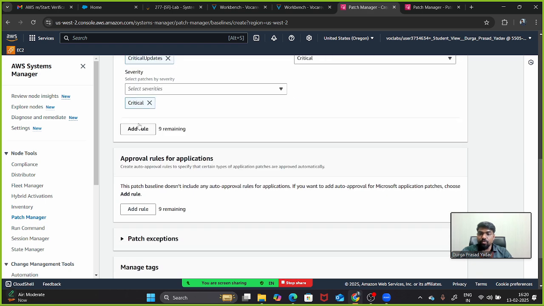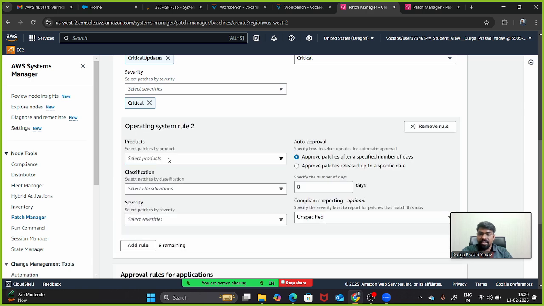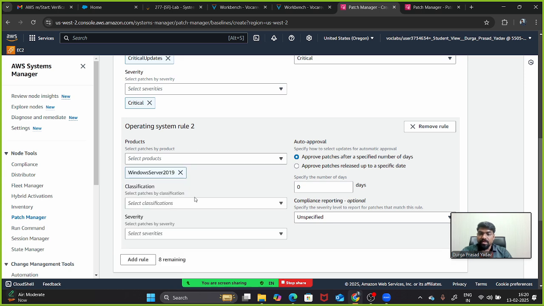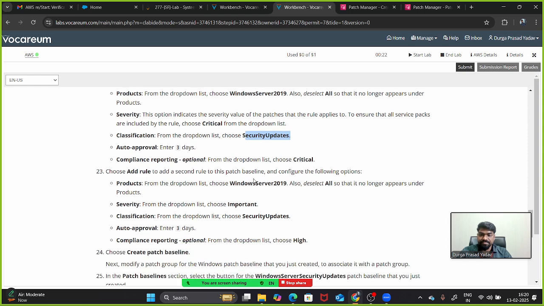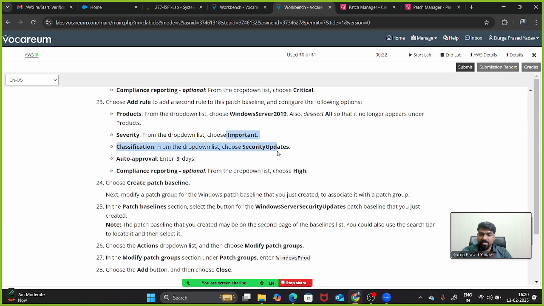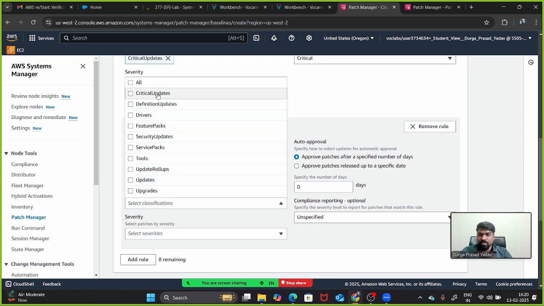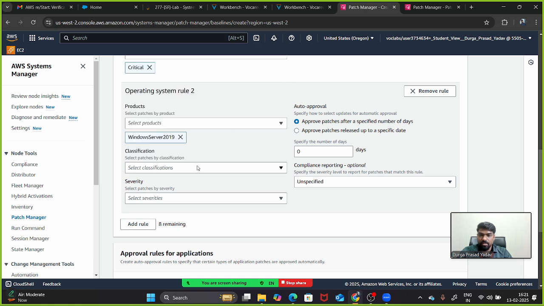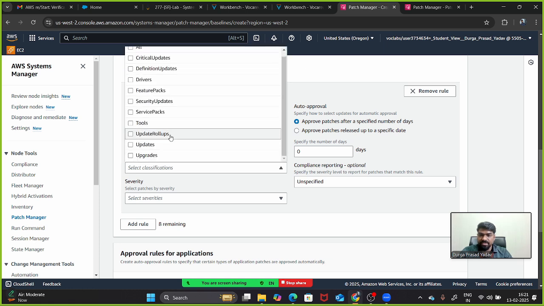This is one, and you can add one more rule. Here again you can select Windows Server 2019 and classification. Again this time it is telling us to select important, and the remaining things are the same. Here we'll keep important. What is the classification here, guys?